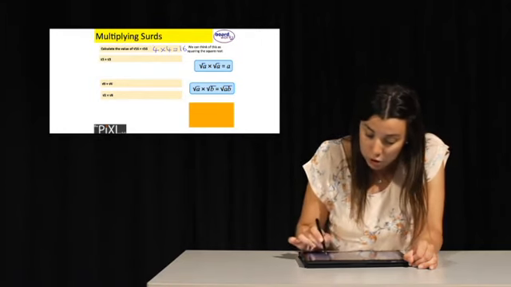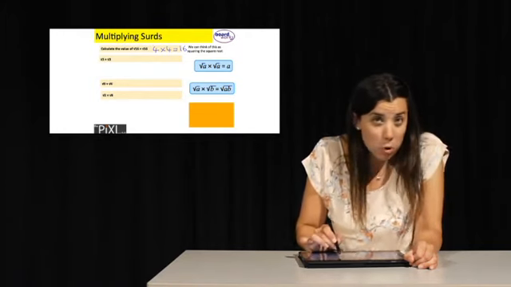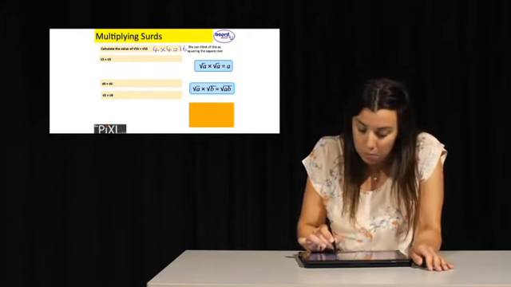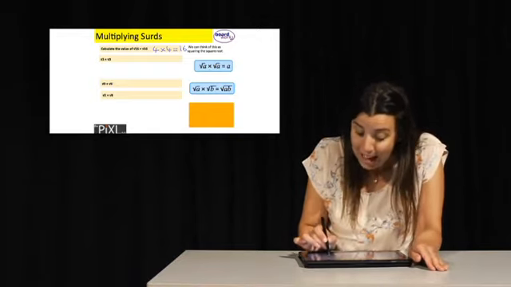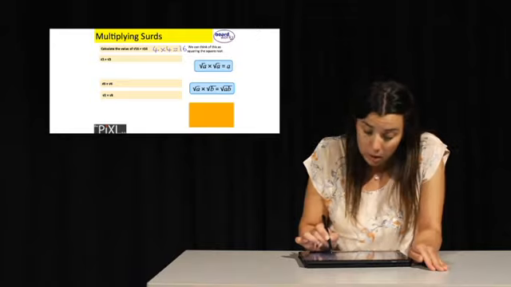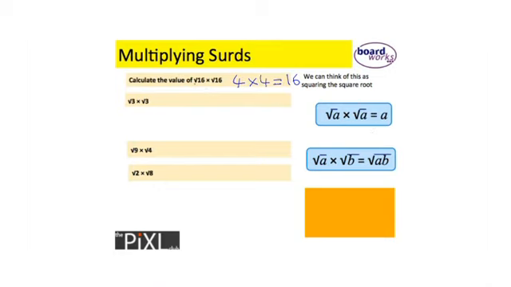So here we can see our general rule: the square root of anything, that's your a value, multiplied by the same square root, the square root of a, actually just gives you the value a. If we go back and apply it here, we have the square root of 16 multiplied by the square root of 16, answer 16. When we look at a number which is a surd, like 3, it cannot be written exactly.